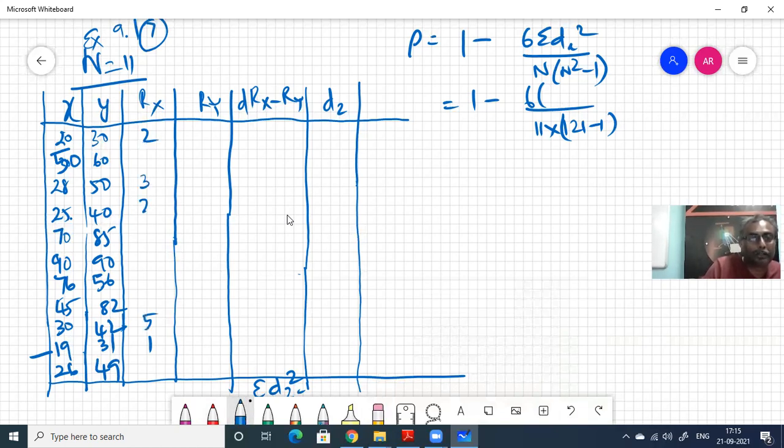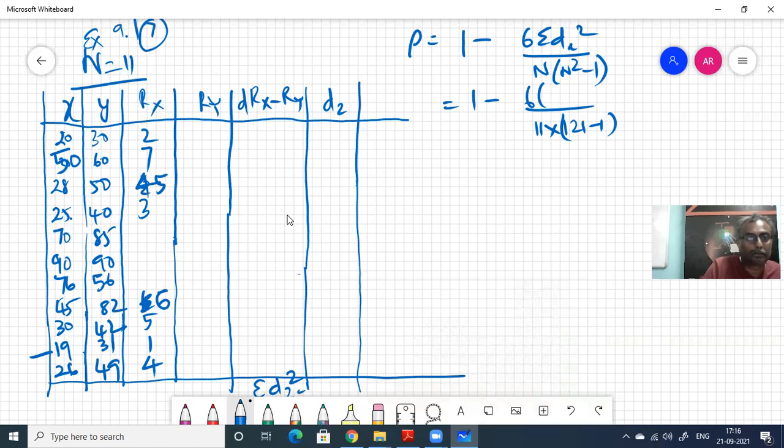Uncle, 25 is third rank. 26 you missed, so 26 is fourth rank. 28 is fifth rank. 30 is sixth rank. 45 is seventh rank. 50 is eighth rank.